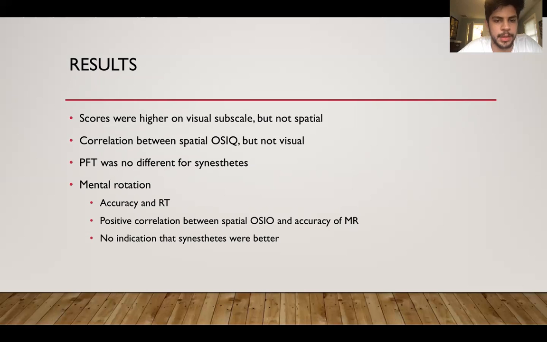The mental rotation was the same for both accuracy and response time, but there was a positive correlation with the paper folding task for the OSIQ, for both. But there was really no indication of any sort of advantage for synesthetes.